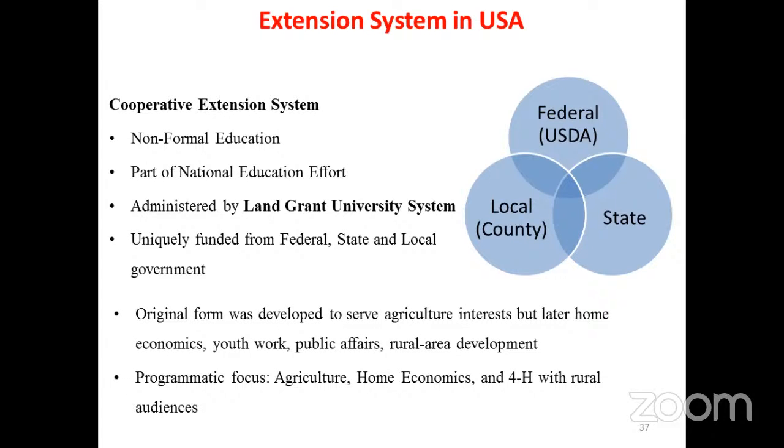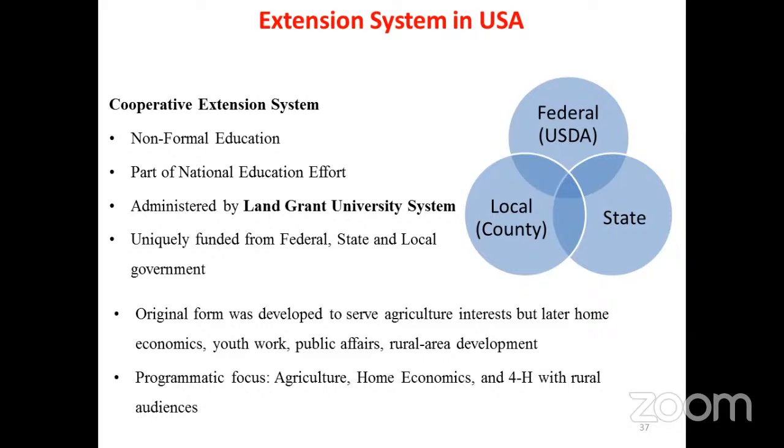So moving on to the USA, again here one important thing to notice is they have the cooperative extension system. We already studied it during graduation itself. Cooperative means it's a cooperation between the federal government, under which the USDA looks after agriculture, and then they have the state level, and then they have the local or county level.